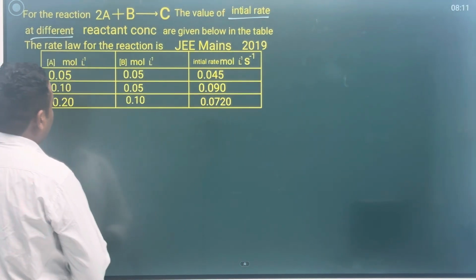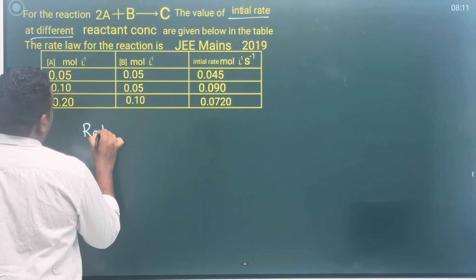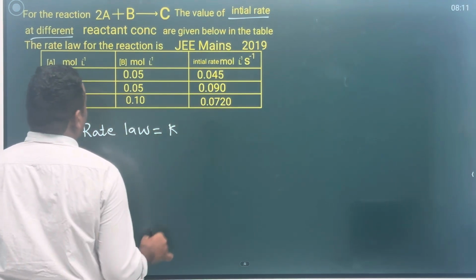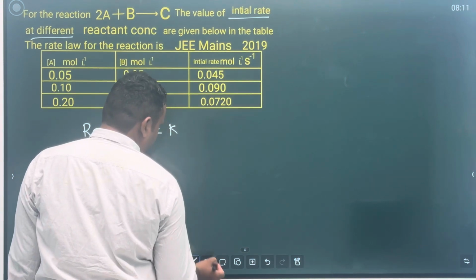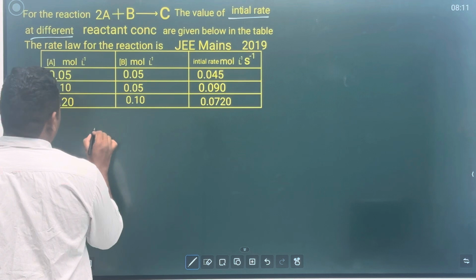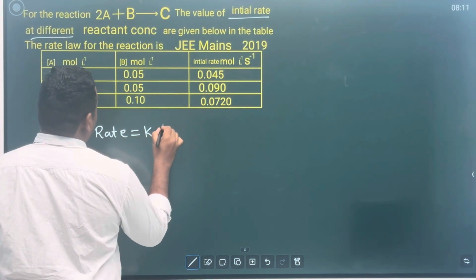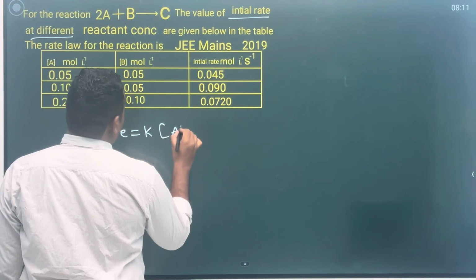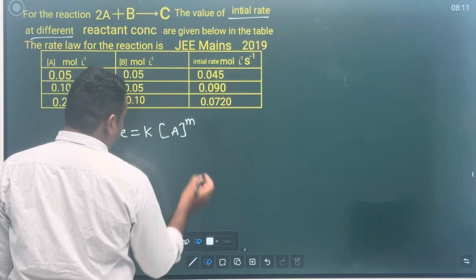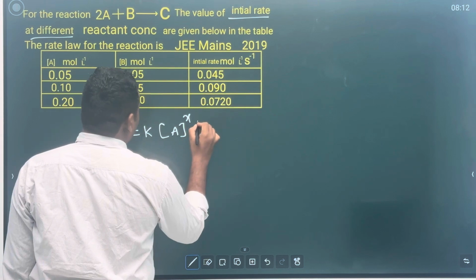So what is the rate law? How do we write rate of reaction? Rate is equal to k into a power m, or a power x, you can consider a power x and b power y.